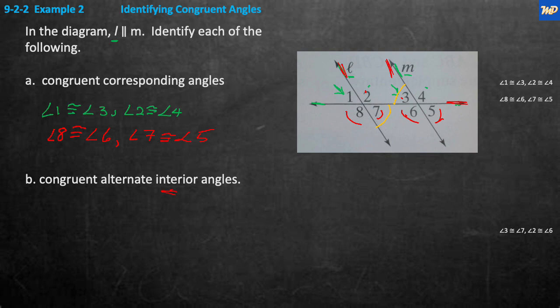So in our case, angle 3 is congruent with angle 7. Okay? And angle 6 is congruent to angle 2.